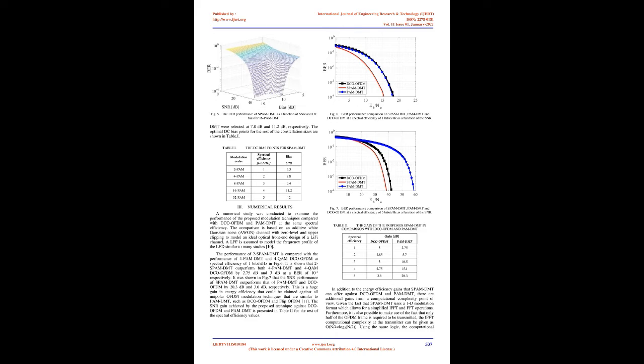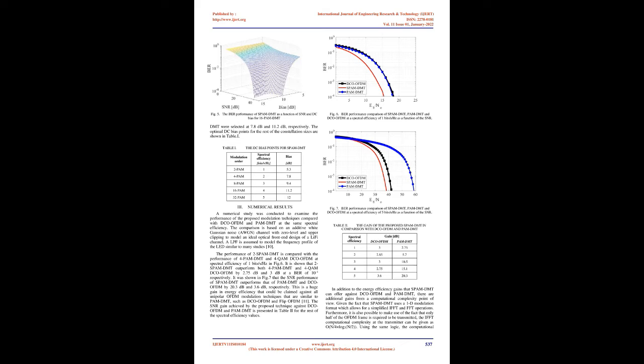However, the spectral efficiency of SPAM-DMT is twice that of DCO-OFDM, as given below. (7) Therefore, it is possible to use a lower constellation size to achieve the same spectral efficiency as DCO-OFDM. For example, 2-PAM-DMT can achieve the same spectral efficiency as 4-QAM DCO-OFDM. This is expected to allow for a better BER performance of SPAM-DMT, as will be shown later in section 3.